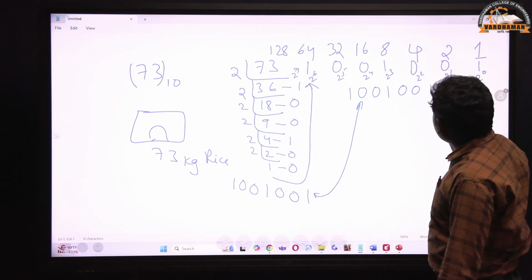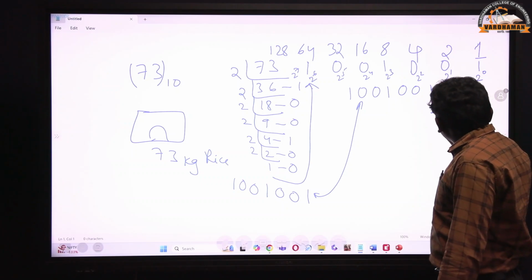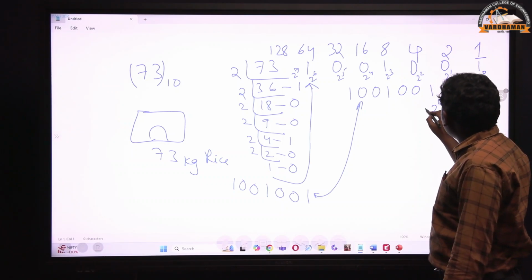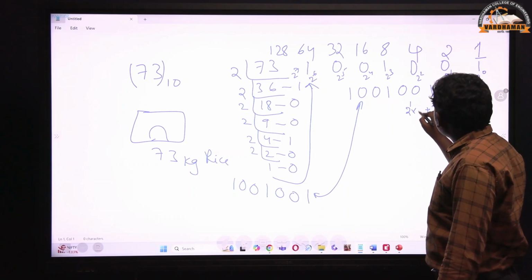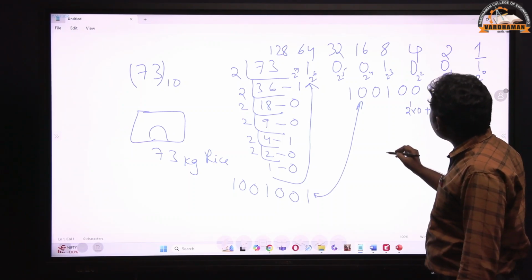So what is this representation telling us? You include 2 power 0 in your value, plus you don't include 2 power 1, so 2 power 1 into 0. Next.